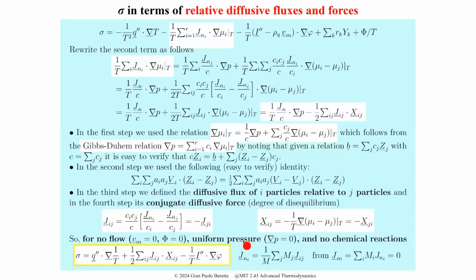So we move perhaps with a box with particles that are steady with respect to the laboratory frame. And let's suppose we are at uniform pressure. And also we have no chemical reactions. Then we are left with these three terms.